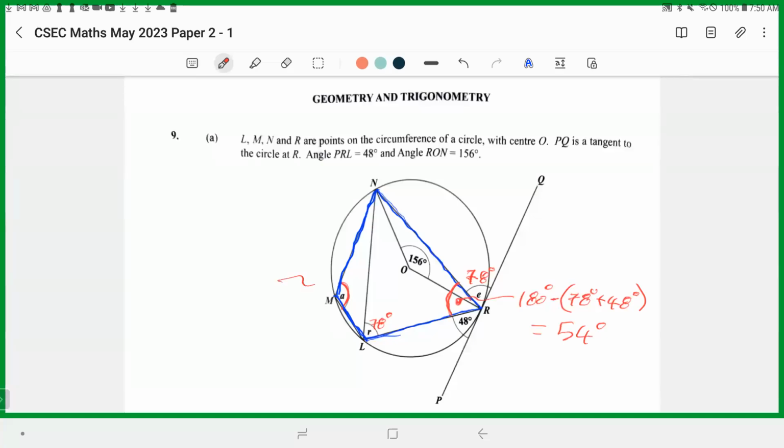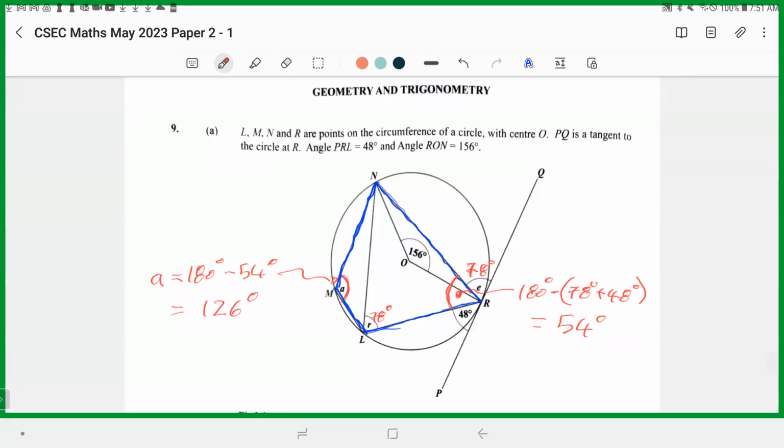So this angle over here that we want, A, is 180 degrees minus 54 degrees, which gives us 126 degrees. All right, so that says 126.